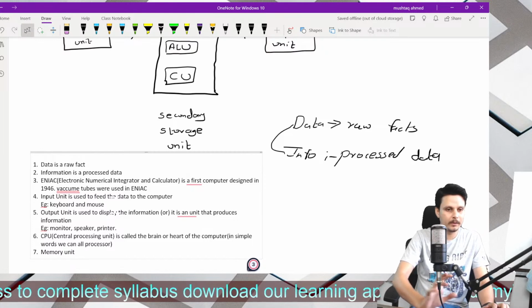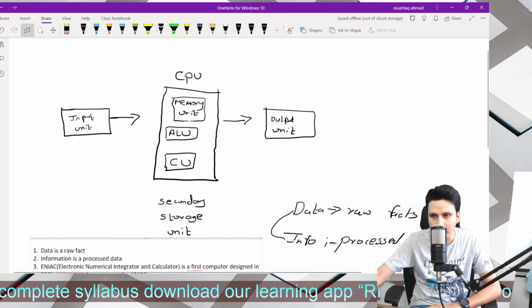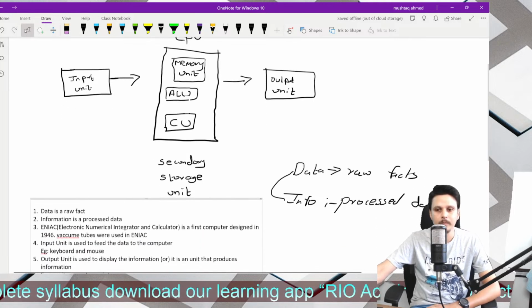It is the part of the CPU, right? Memory unit is the part of the CPU.